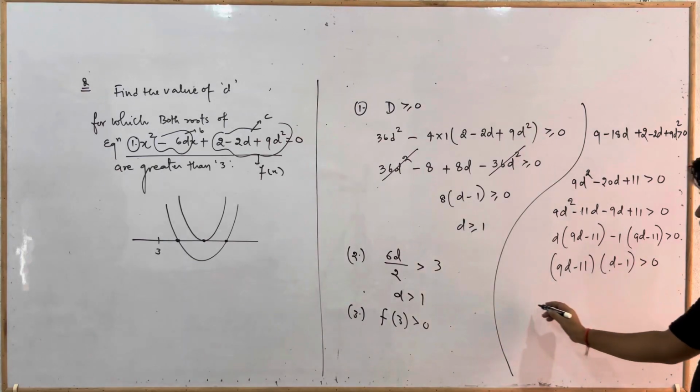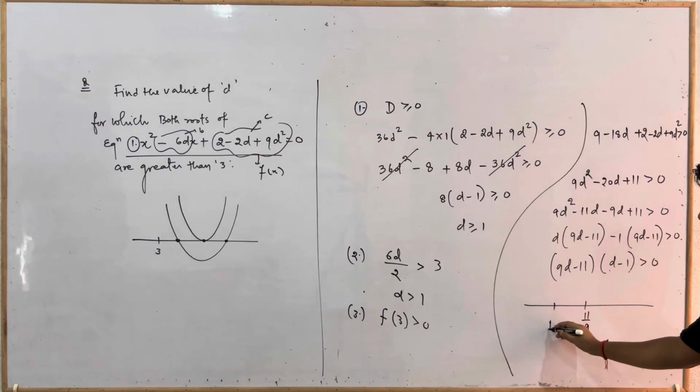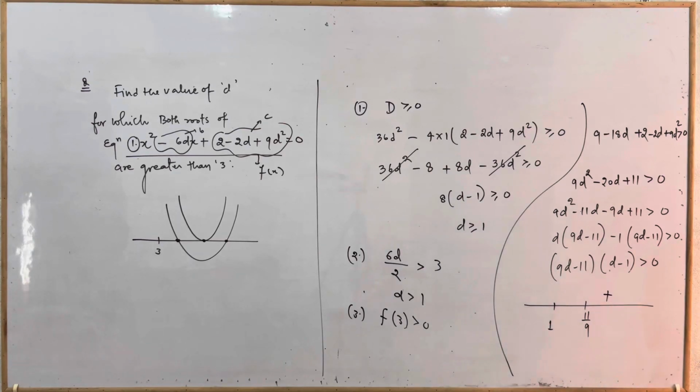Now put this linear factor equal to 0. So after putting this 0, I am getting 11 by 9. And after putting this one equal to 0, I will get the 1. Now all the coefficients are positive here, so I will put the plus sign here.